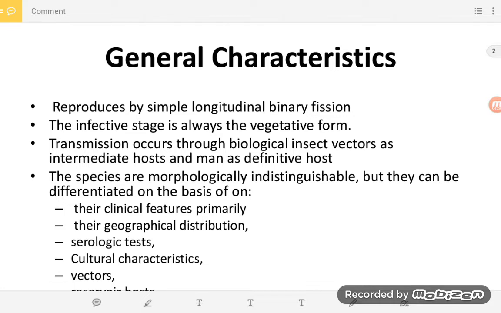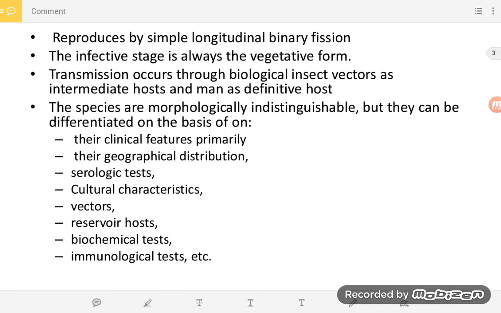The species are morphologically indistinguishable; normally we cannot differentiate them morphologically. But we can differentiate them using some factors. The first is the clinical features. Each and every species produces different clinical features.